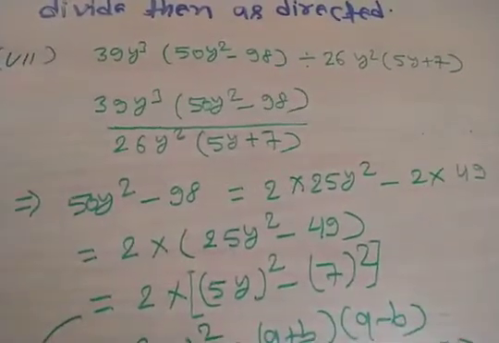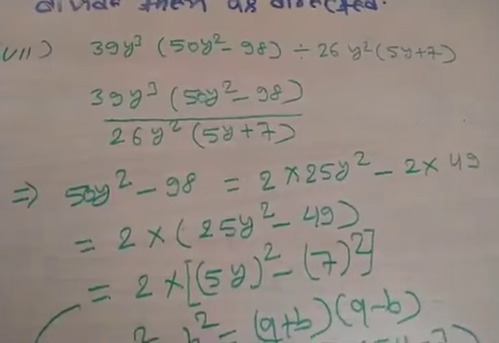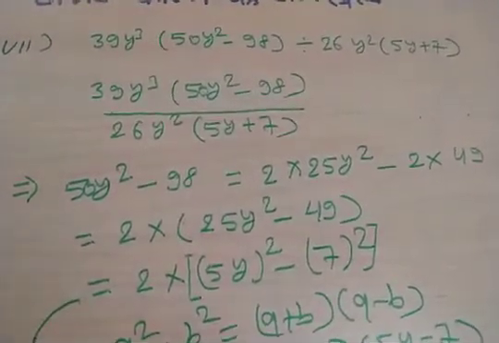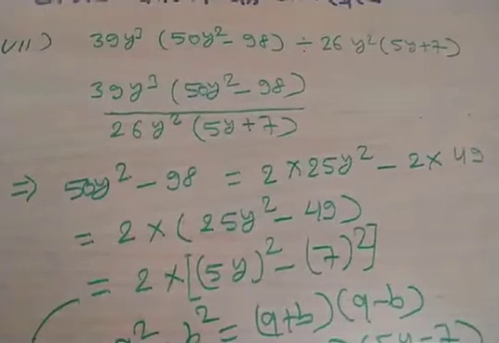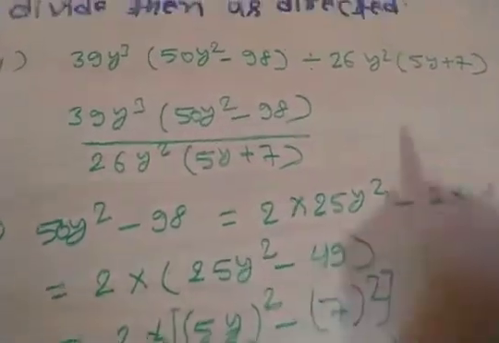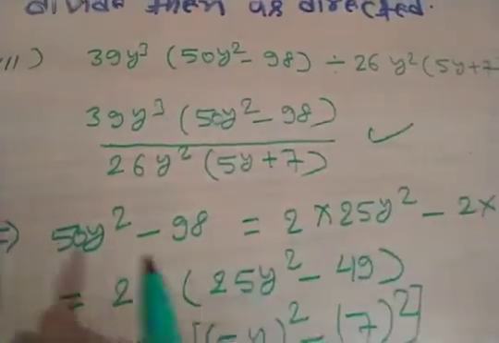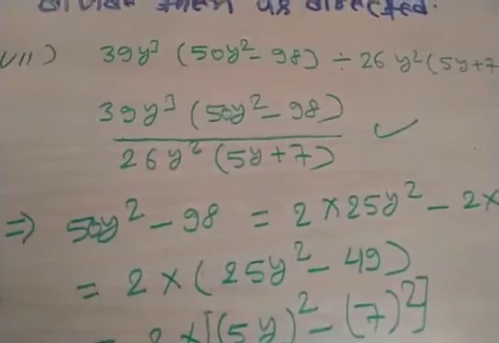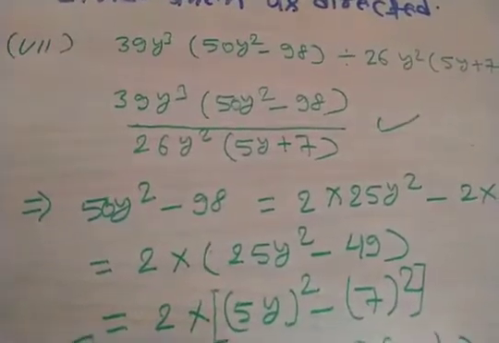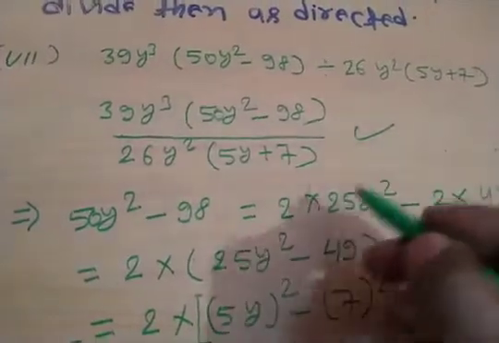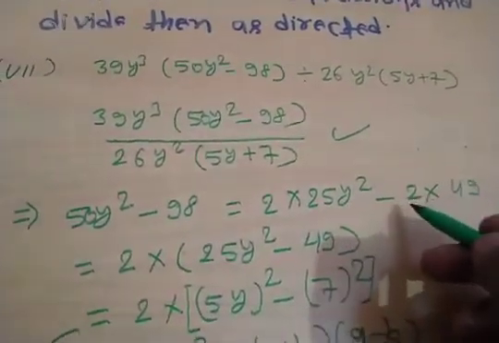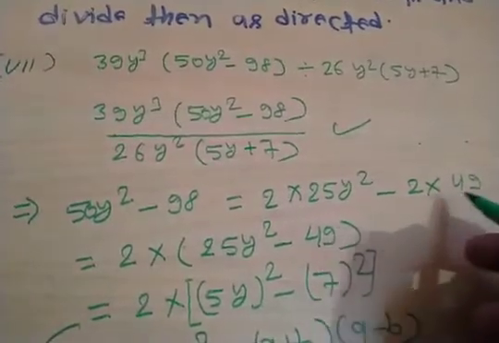Next one, let's see again on this question. This is 39y cube into 50y square minus 98 divided by 26y square into 5y plus 7. Okay. So first we write this form, and after this we find the factorization. So first write the factorization of 50y square minus 98. So you can write 50 as 2 into 25y square, and 98 you can write 2 into 49.